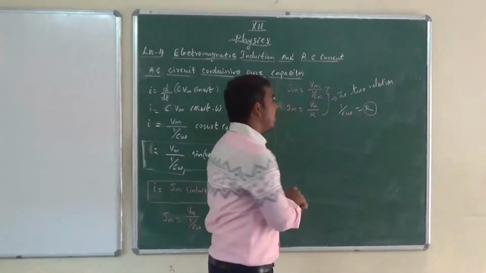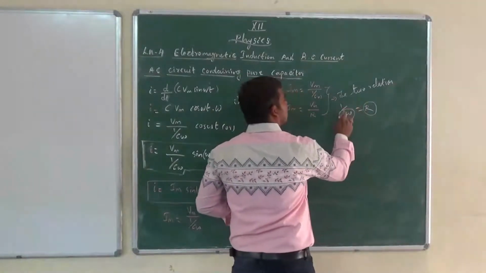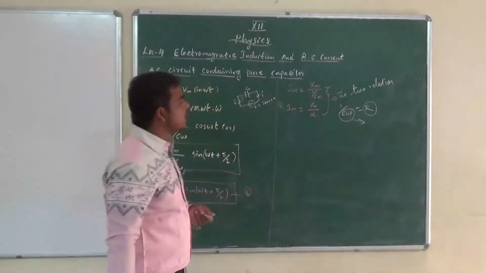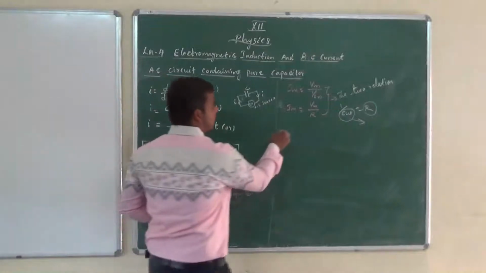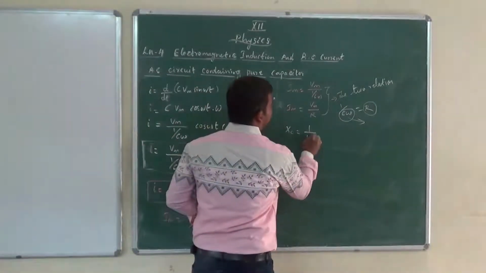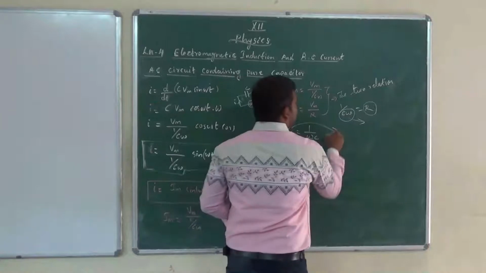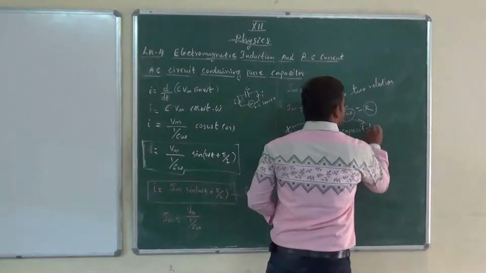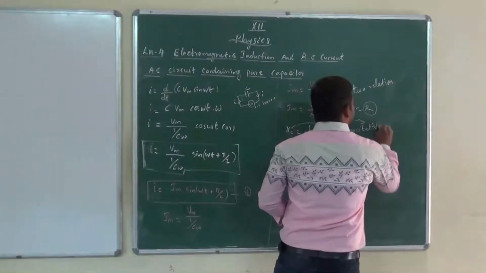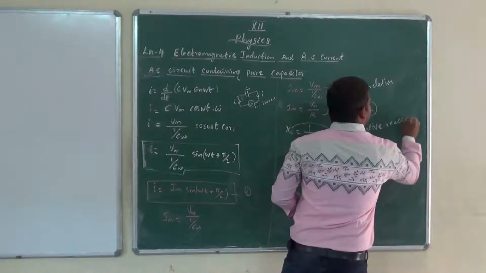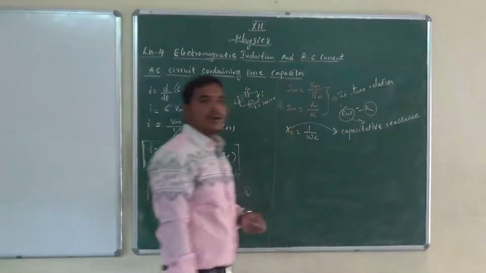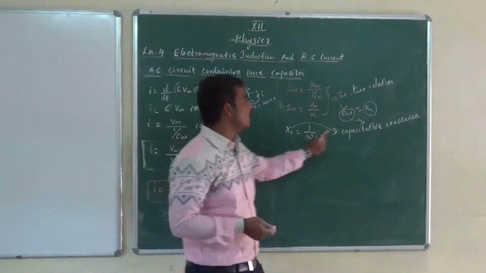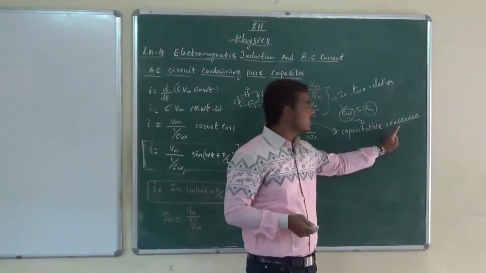So that is determined by C omega. What is that? C omega. It is called capacitive reactance. That is written as Xc equal to 1 by omega C. Capacitive reactance.